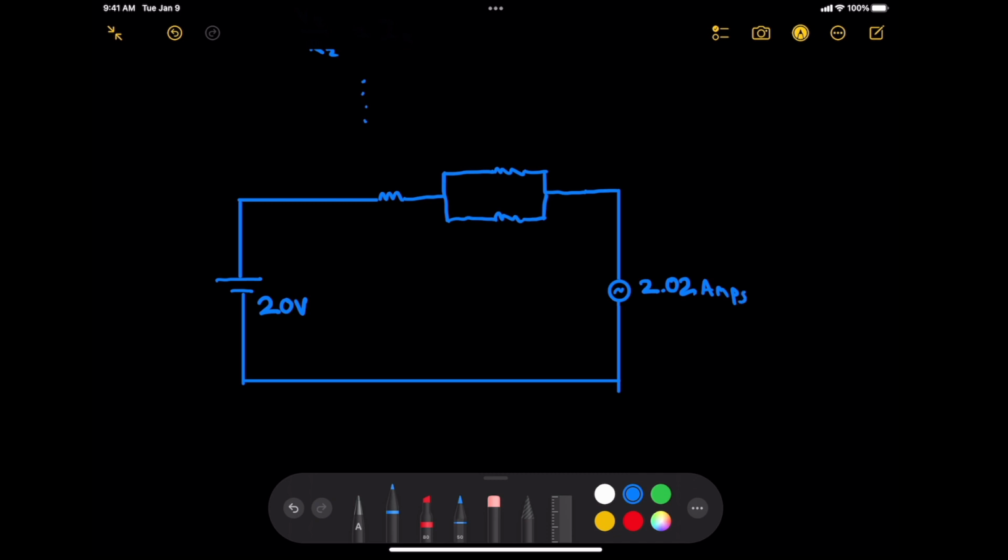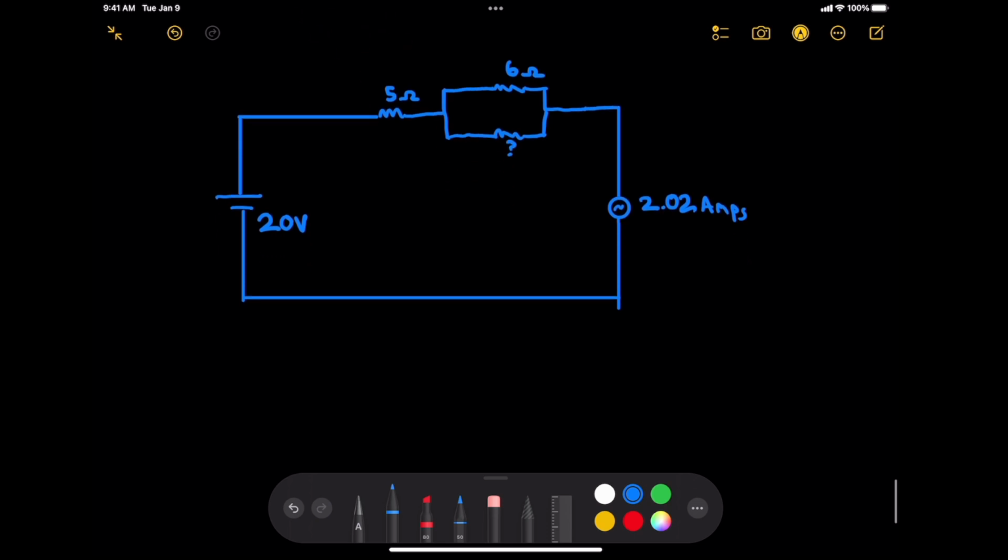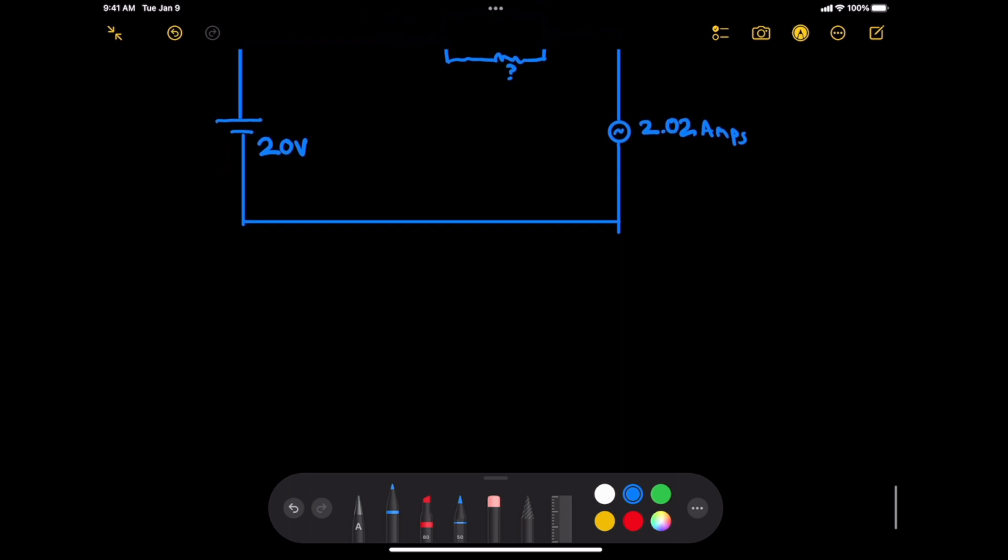We know that one of the resistors is worth 5 ohms. And the other is worth 6 ohms. We do not know what this third resistor is worth. So, like every problem before, let's just write what we're looking for.